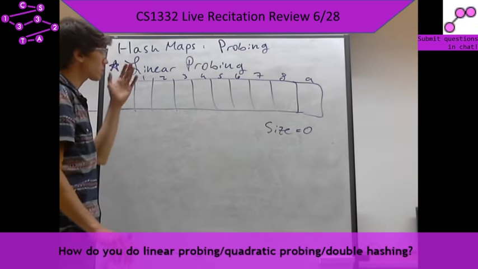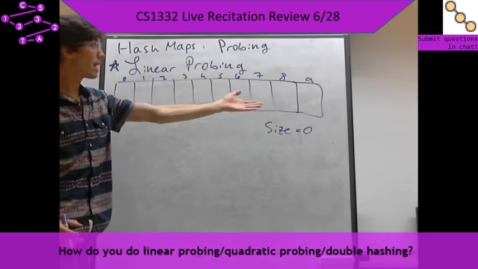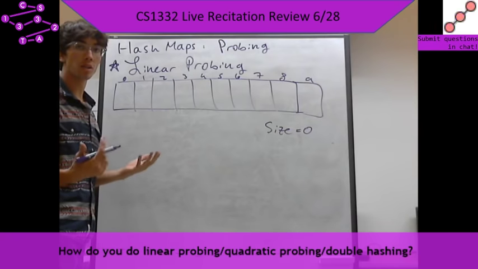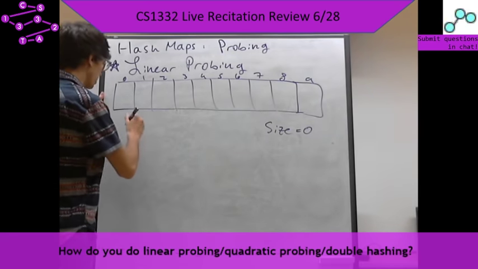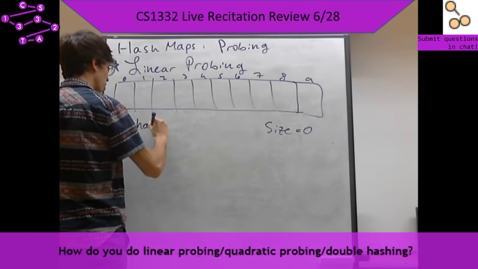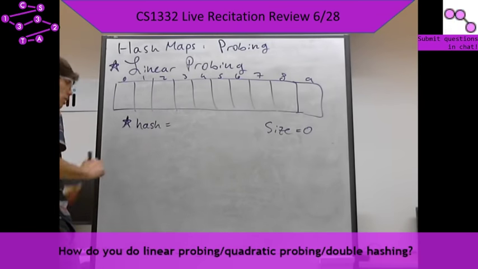All right? So we have a blank, empty hash map here, and let's do some operations to illustrate how we're going to do linear probing. So first off, I do want to write down just the normal, we'll call this int hash.